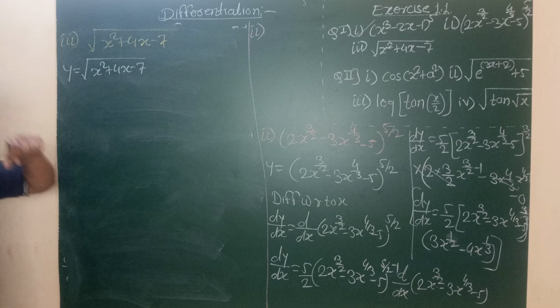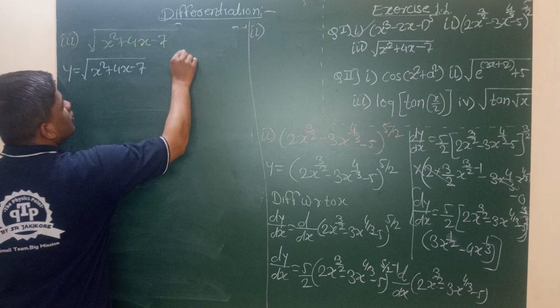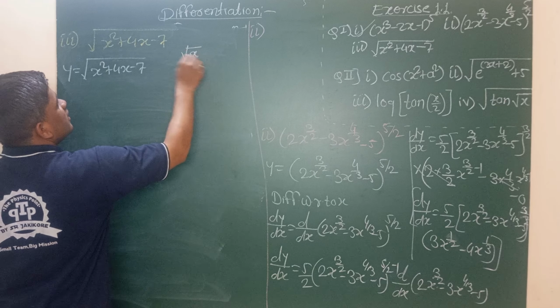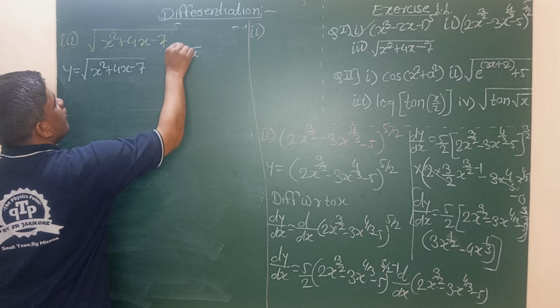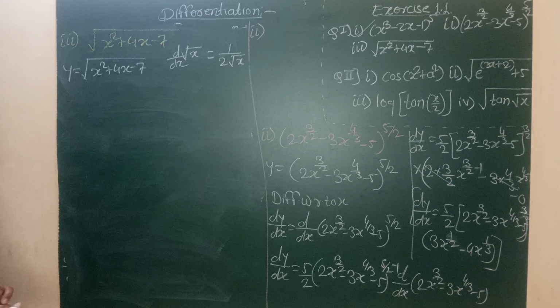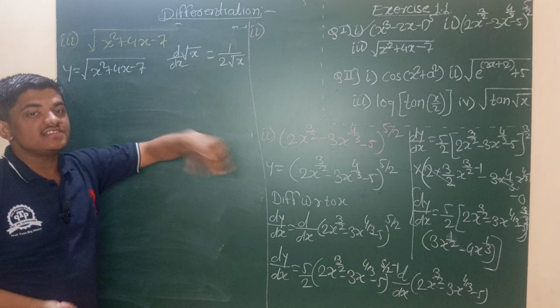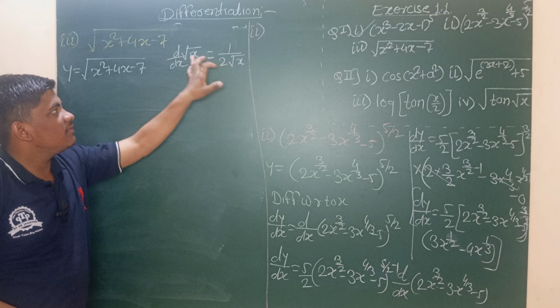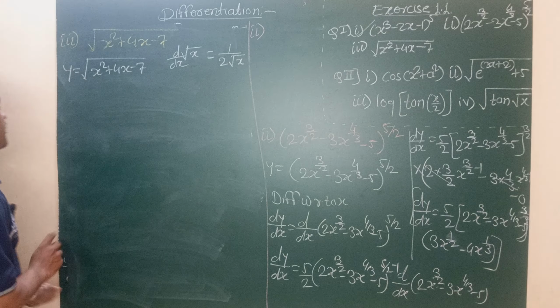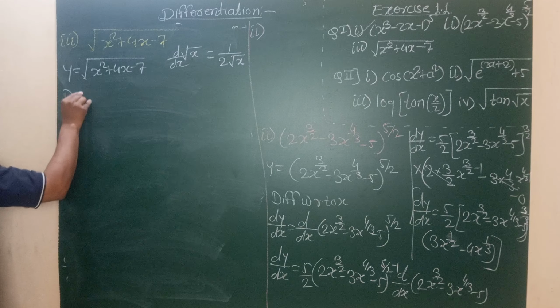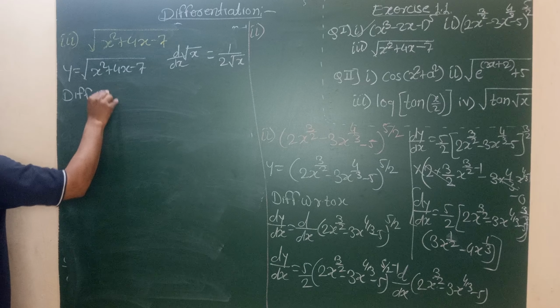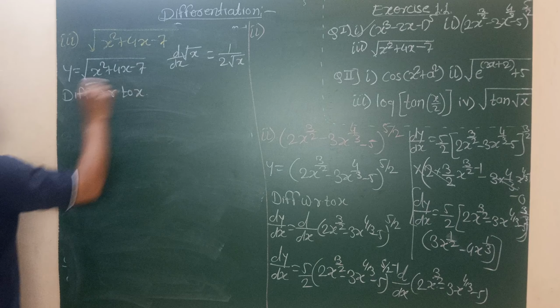We know the differentiation of functions under the root: d by dx of under root x is equal to 1 upon 2 root of x. And if a function is placed at the place of x, that is a function z of x hidden inside, then we again differentiate this function with respect to x.